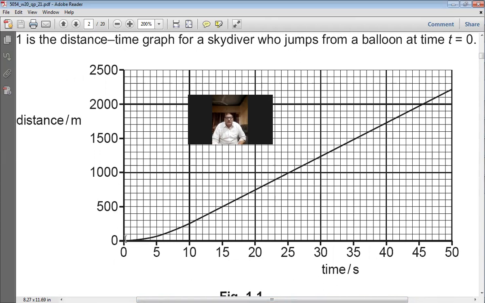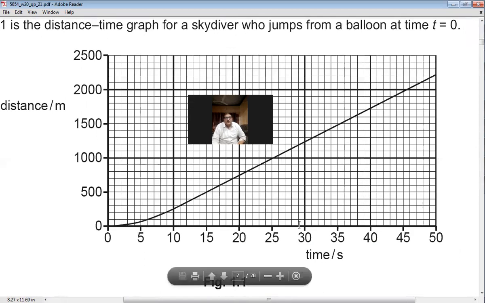So we have to describe the motion of the body from t0 to t20. The speed is gradually increasing, because the skydiver is having a free fall, so his speed will continue to increase till the time is 20 seconds.